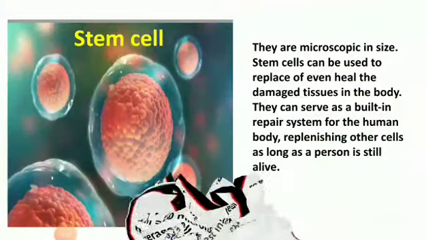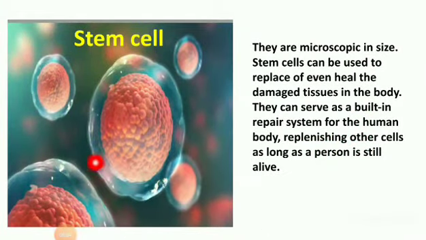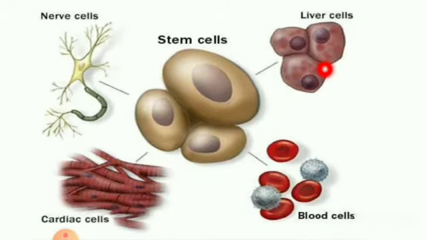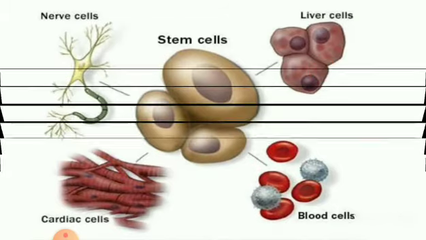Next, stem cell. Students, do you know about stem cell? Yes. A stem cell is essentially a blank cell capable of becoming another more differentiated cell type in the body, such as nerve cell, liver cell, cardiac cells, blood cells. These are the types of stem cells.